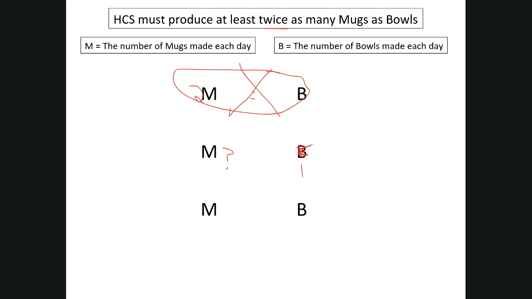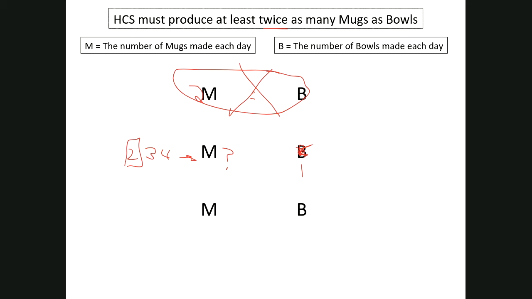Hopefully you can see that m has to be 2, or 3, or 4, and so forth, something larger than or equal to 2. Okay, so here's where the insight comes in.